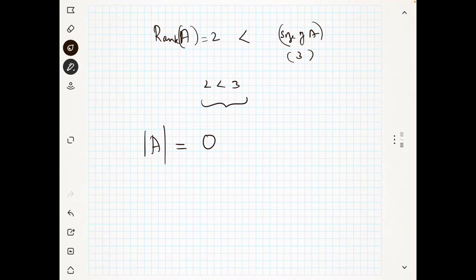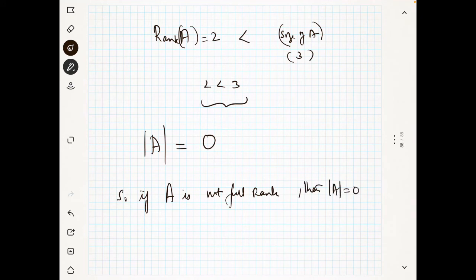Okay. So suppose if A is not full rank, then the determinant of A will be equal to 0.